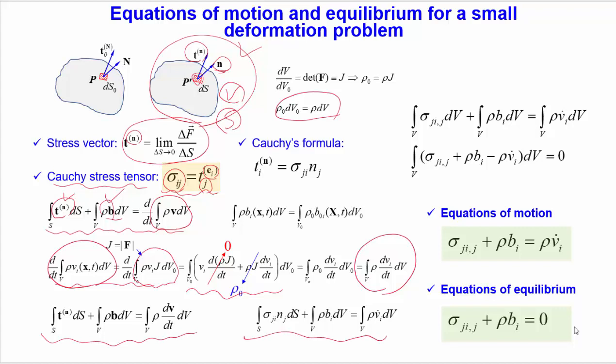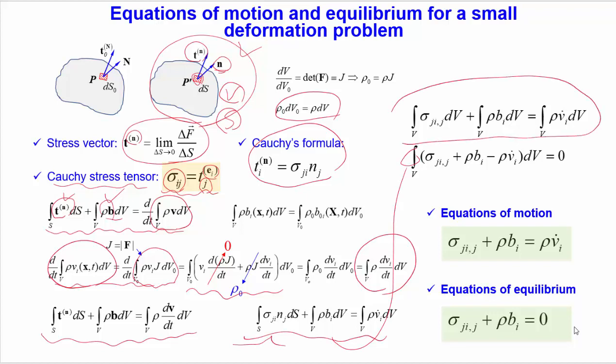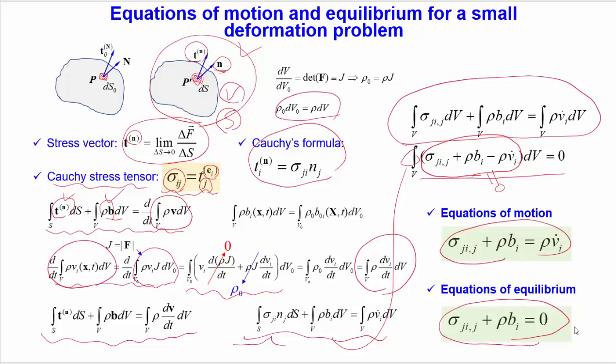Applying Cauchy's formula and the divergence theorem, we can obtain this integral equation. This equation should be satisfied for any volume element, and thus the integrand of this equation should be 0. This is called the equation of motion for dynamically driven systems and fluid mechanics, while this is called the equation of equilibrium for solid mechanics, in which acceleration terms can be neglected.